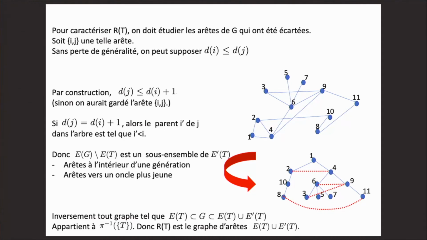Why is it true? Because if the generation of j was bigger than the generation of i plus 1, this means that you shouldn't have erased this edge, because j should be a kid of i.